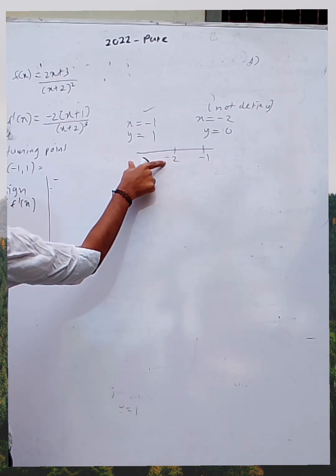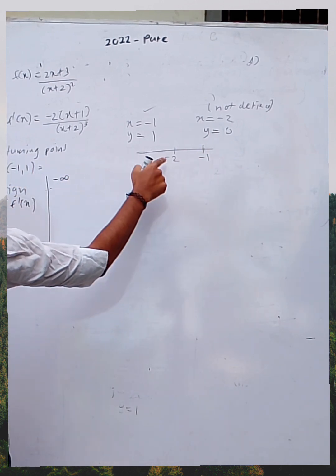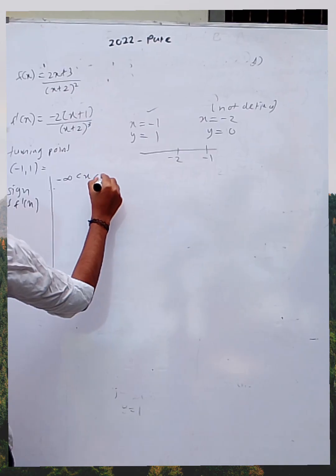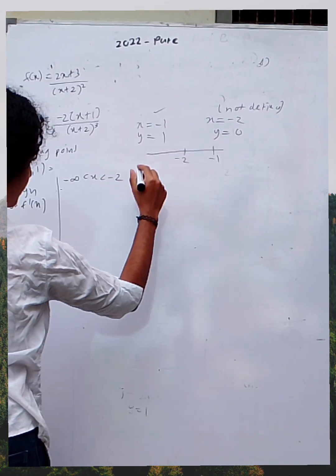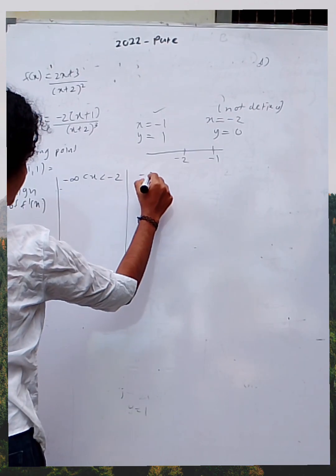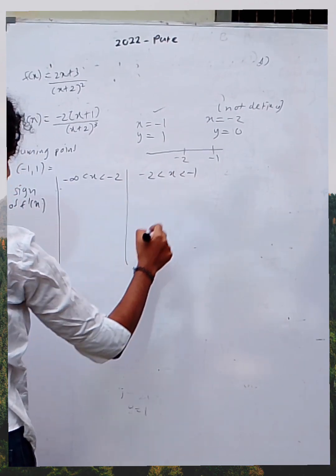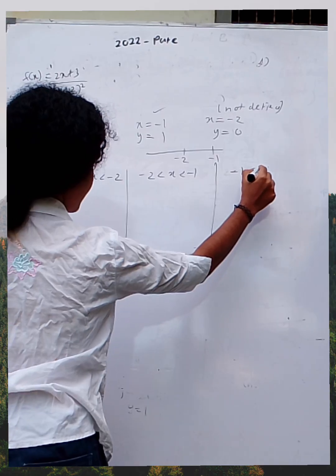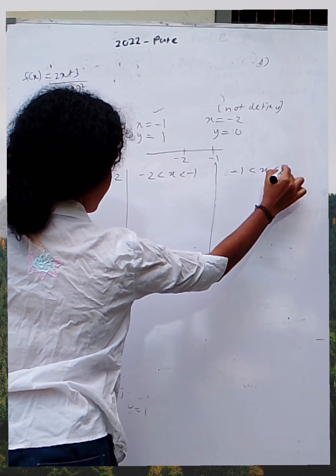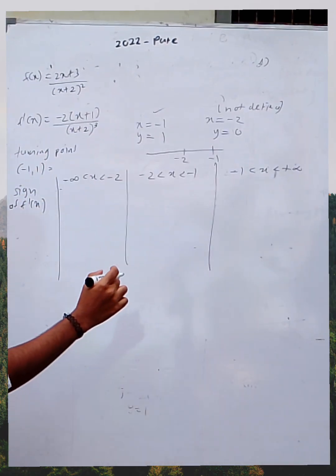The range here is between negative infinity and -2, this range is x between -2 and -1, and here x is between -1 and positive infinity. Right.